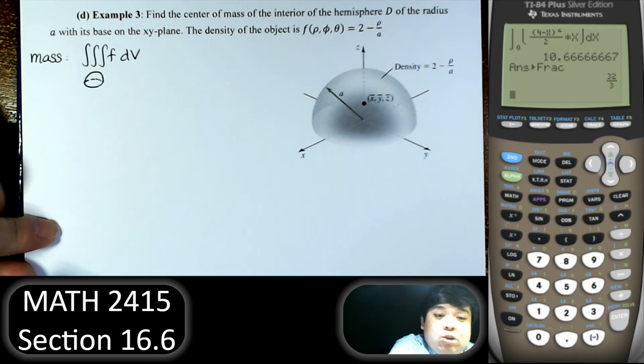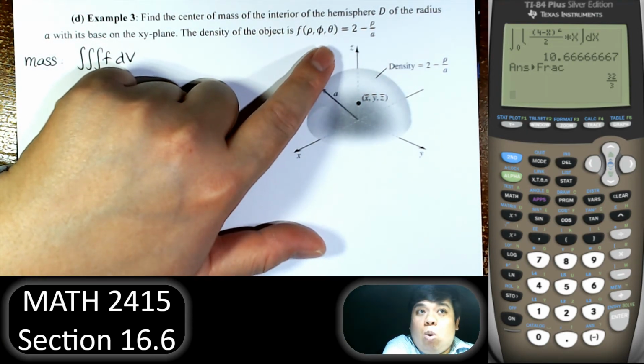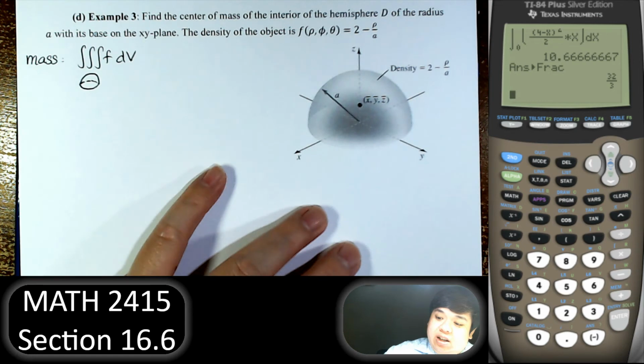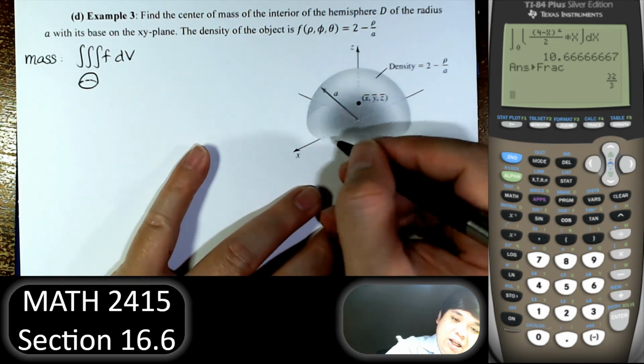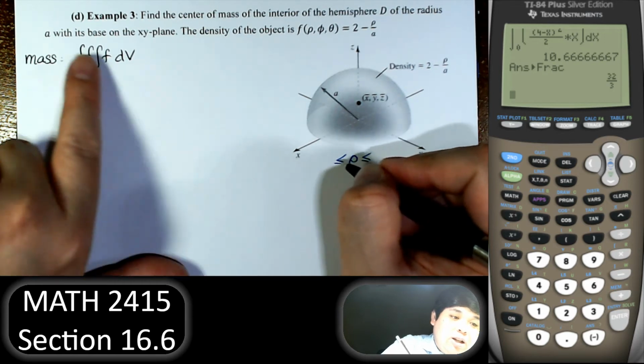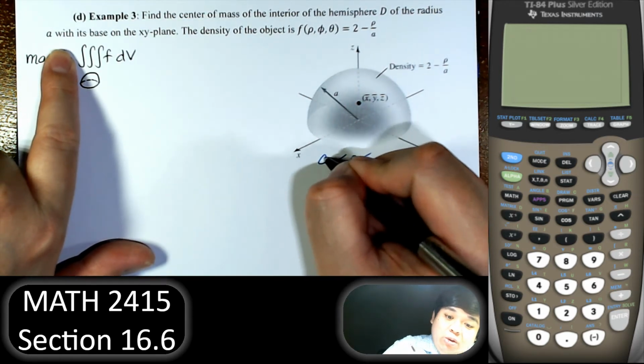However, this density function is given in spherical coordinates, so we would be wise to use spherical coordinates. For that upper hemisphere, the spherical coordinate rho, the sphere radius is a, so we go from 0 to a.